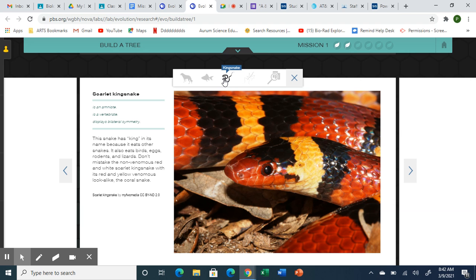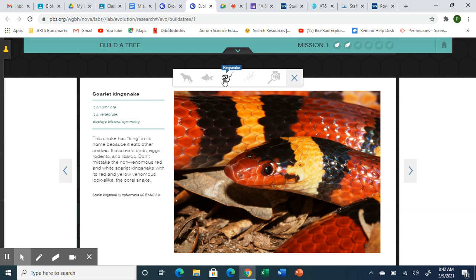Oh, snakes. This is the king snakes. It's an amniote, it's a vertebrate, and displays bilateral symmetry. Bilateral symmetry means if you split yourself in half, your right side is identical to your left side.